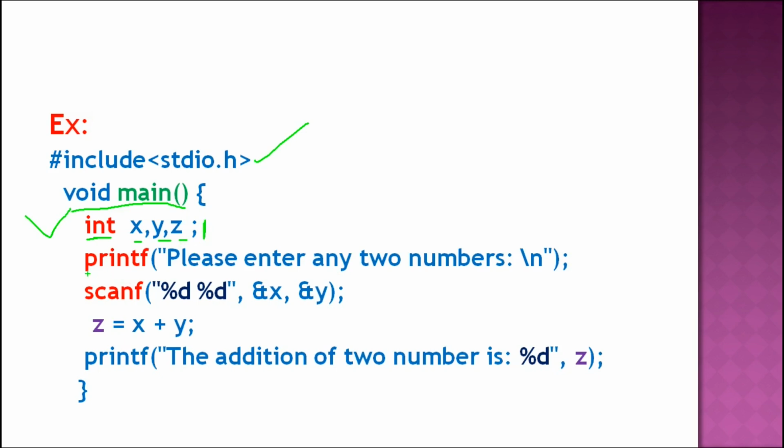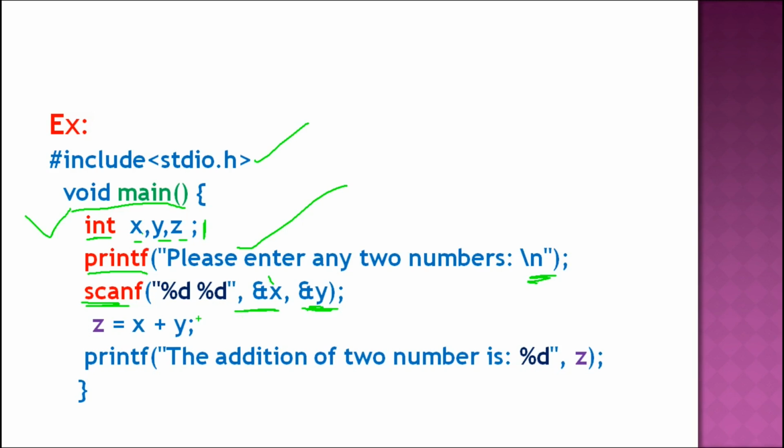Then we have the printf to print this message, please enter two values, and it will print in a new line. And scanf is used to scan integer values for x, where ampersand x is used to store the x value, and ampersand y is used to store the y value.